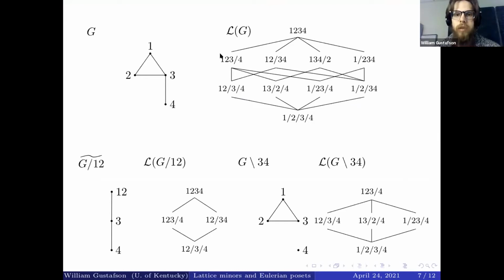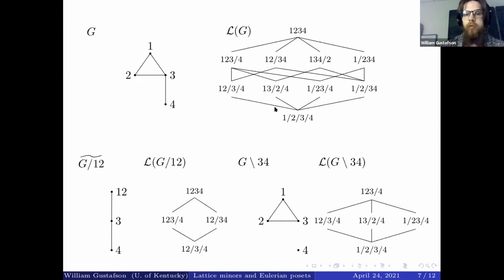For instance, this partition 1, 2, 3/4, you can get as the connected components of a subgraph where you take the edges 1, 2 and 1, 3. Down here is the simplification of the graph we get by contracting the edge 1, 2. When we do that, the edge 1, 3 and edge 3, 2 give you a double edge like this, and I've identified them. It's a simplification. And there's this lattice of flats.